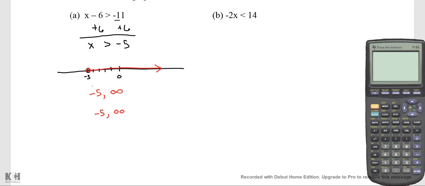Now, interval notation always gets a grouping symbol, parentheses or brackets, or one of each around it. So in this case, infinity we never hit. So infinity gets a parenthesis no matter what goes on the other side. -5, since we're strictly greater than, we're not including the endpoint. We have an open circle here, so that means I know I get a parenthesis. So my interval notation is parenthesis on both sides, -5 to infinity.